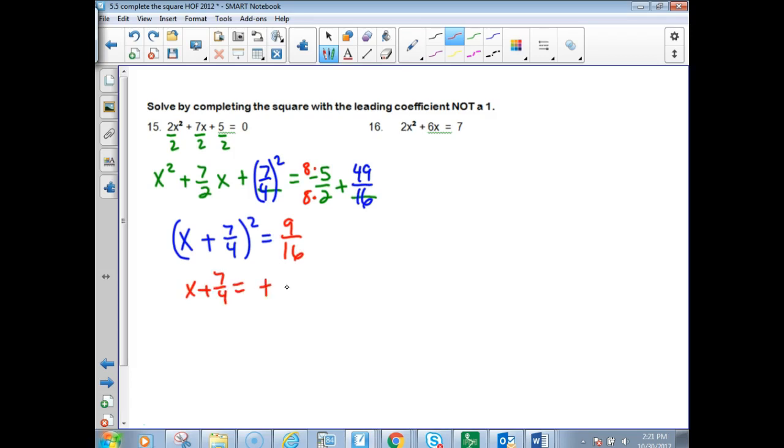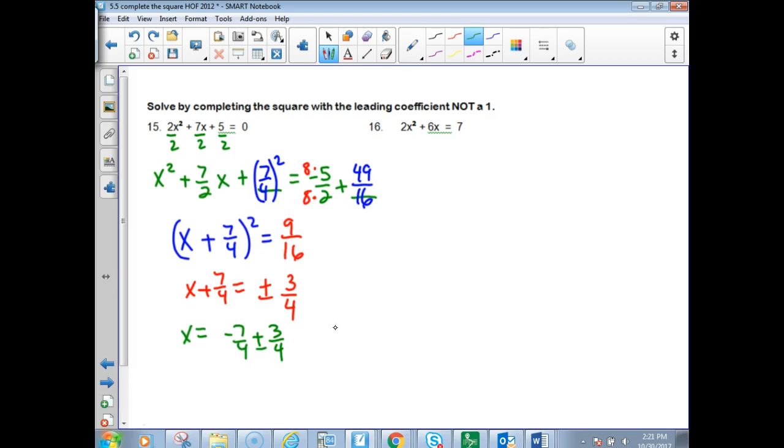You then take the square root of both sides, plus or minus. The square root of 9/16 is 3/4. That's why we've already done these things, square roots of fractions and all that stuff. We then subtract the 7/4. So we have negative 7/4 plus or minus 3/4.